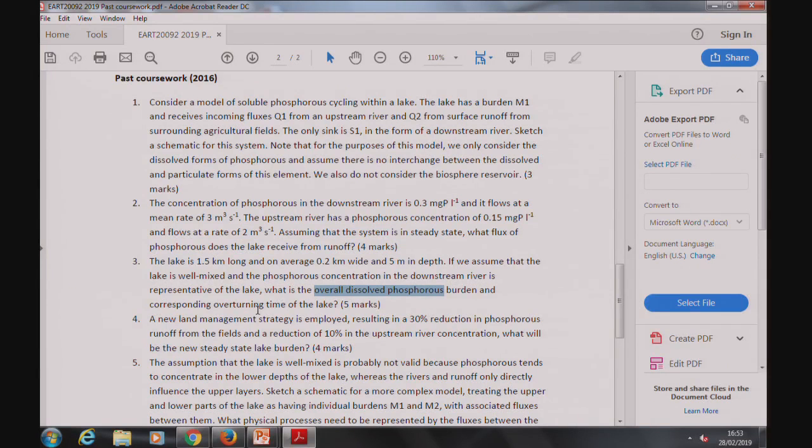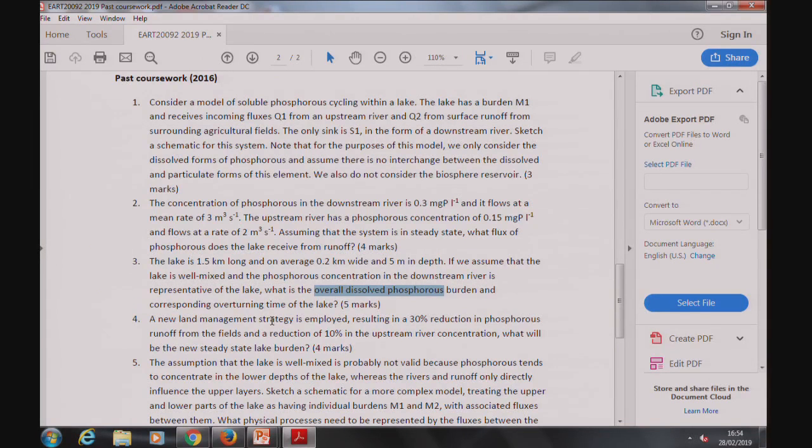With this one, I'll go through it fairly quickly. Just calculate the volume of the lake: 1,500 metres by 200 metres, that's 0.2 kilometres, by 5 metres depth. Multiply those numbers together and you get 1.5 times 10 to the 6 metres cubed.